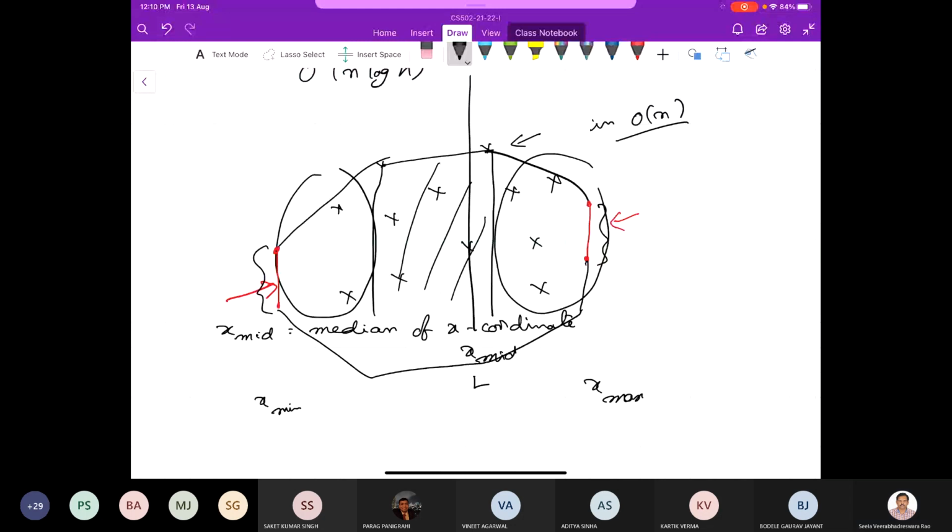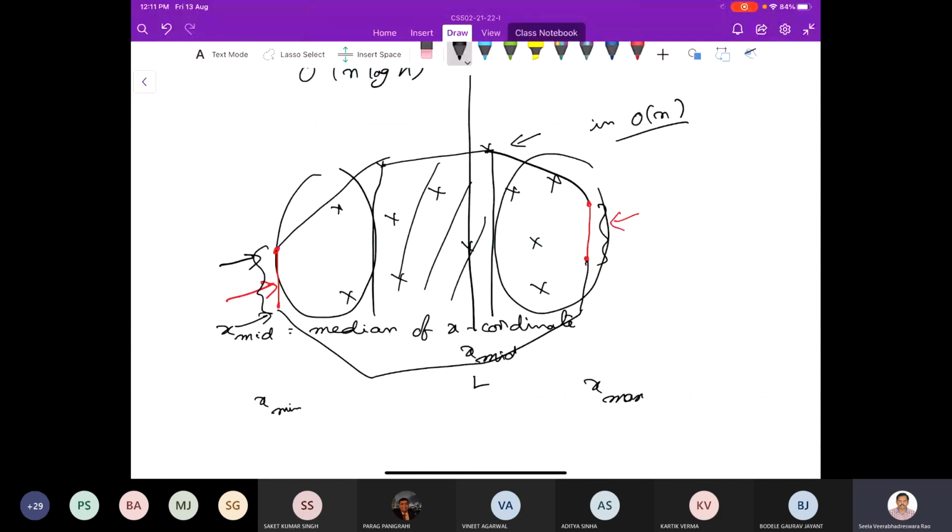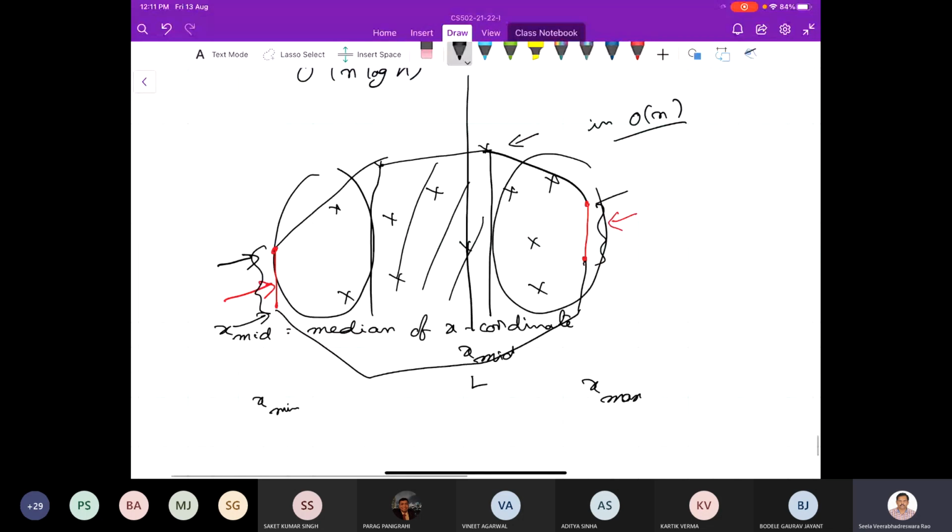Similarly on this side, if you have more than one point with the same x max coordinate, take the topmost one as part of the upper hull construction, and the bottommost point for the construction of the lower hull. So that is a slight additional care you have to take. Okay, so the algorithm is clear to everyone.